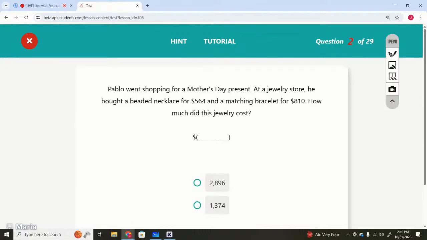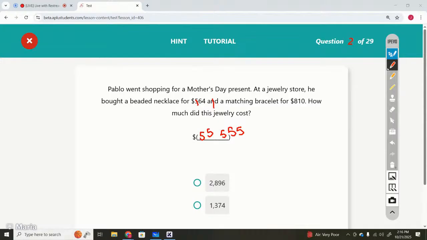Pablo went shopping for a Mother's Day present. In a jewelry store, he bought a beaded necklace for $564 and a matching bracelet for $801. How much did the jewelry cost? So you need to calculate the total price. You need to add 801 plus 564. 4 plus 1 is 5, 6 plus 0 is 6, and 8 plus 5 is 13.